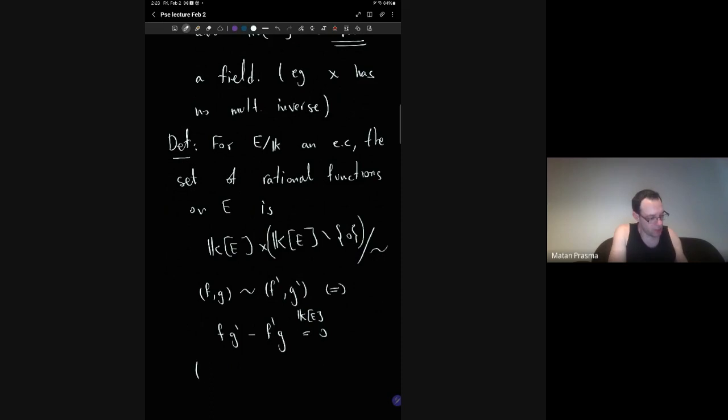Right? So basically in K of E, this expression is equal to 0 if and only if phi divides it, let's say it is equal to t times phi for some t. Okay, so you have layers of equivalence relations, right?